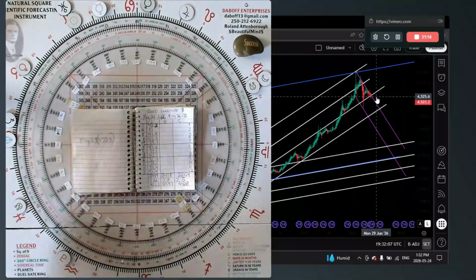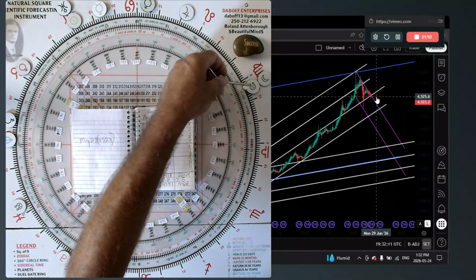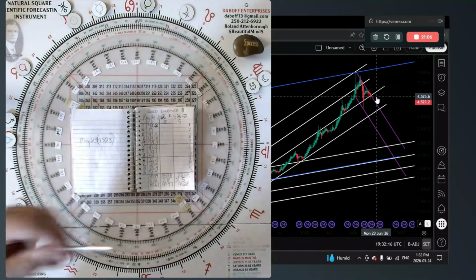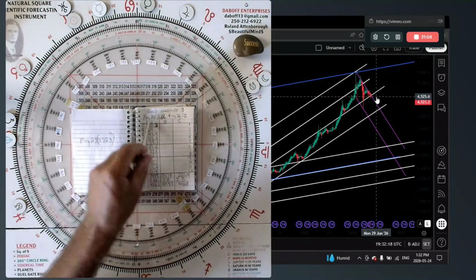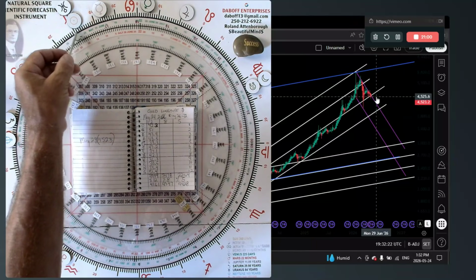So I had someone make a point that when I was showing that the South Node is here, they're like, oh, it says August. Well, no, it's not August. We're talking about May, where the sun is. So this is what I need to get across to you. We're not using the ring here for the dates.